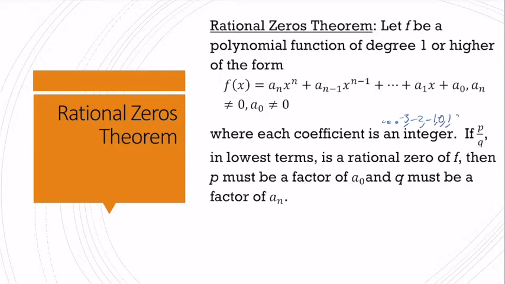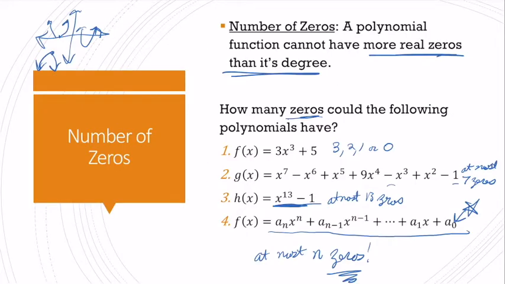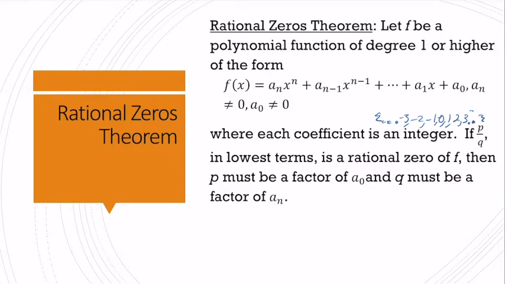It's a whole number or their additive opposite. If p over q in lowest terms is a rational zero, then p must be factors of a sub naught, and q must be factors of a sub n.